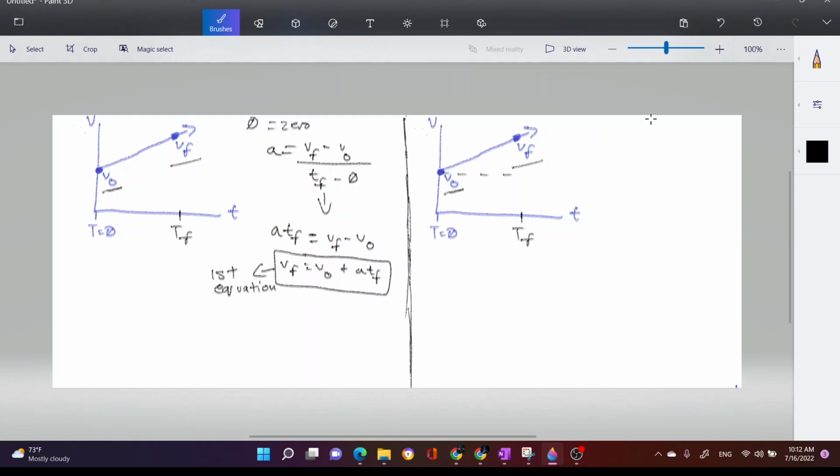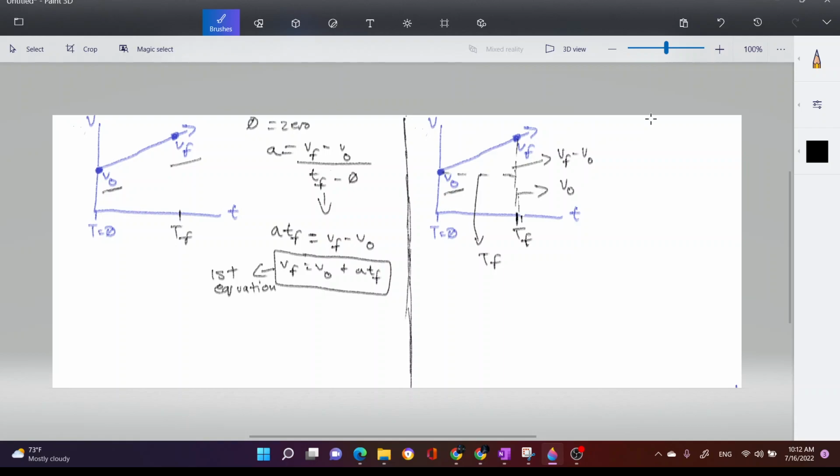So to find this area under the curve, we just split this. Sorry, it should be more over here. We just find the area by splitting our shapes here into this triangle and this rectangle. And when we do that, we see that this height over here for this triangle is going to be VF minus V naught. And then this right here is going to be just V naught. And this base over here is going to be T final, time final.